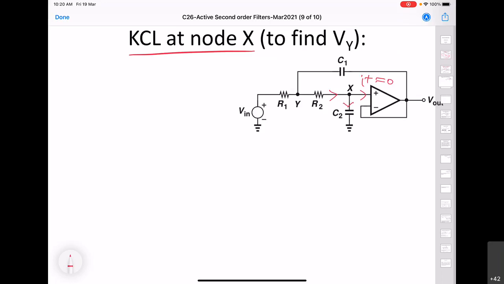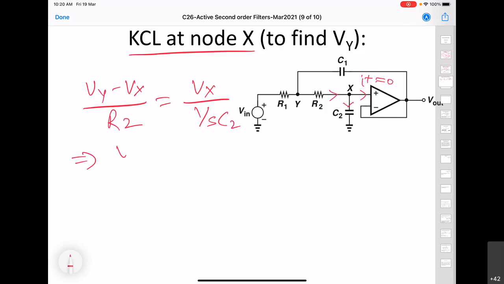So when we apply KCL at node X, what we get is (Vy minus Vx) divided by R2 is equal to the current through the capacitor C2. That is going to be Vx divided by the reactance of capacitor C2, which is 1 by SC2. So this gives rise to (Vy minus Vx) divided by R2 is equal to SC2 Vx.